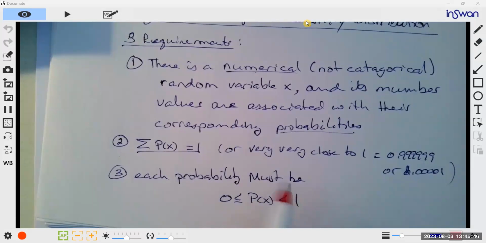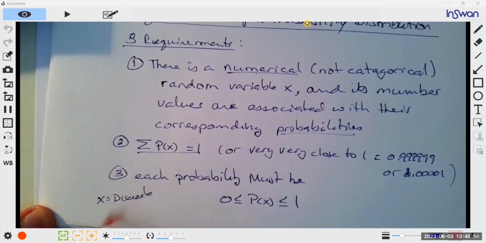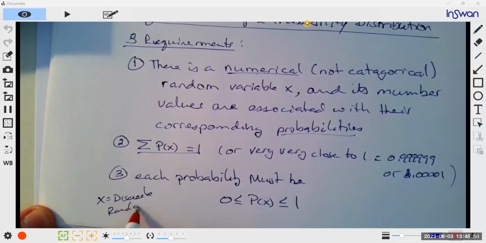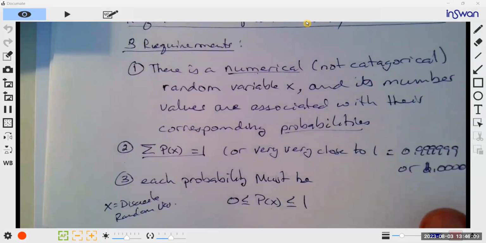So the probability of each value of a discrete random variable X has to be between 0 and 1. Okay, so let's look at our first example.